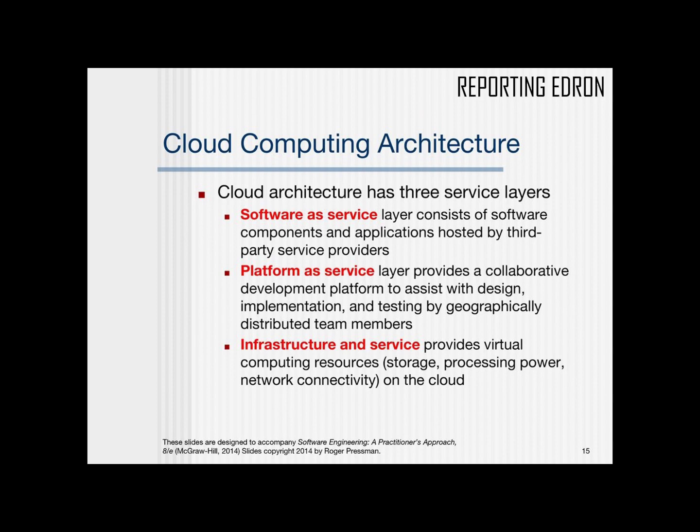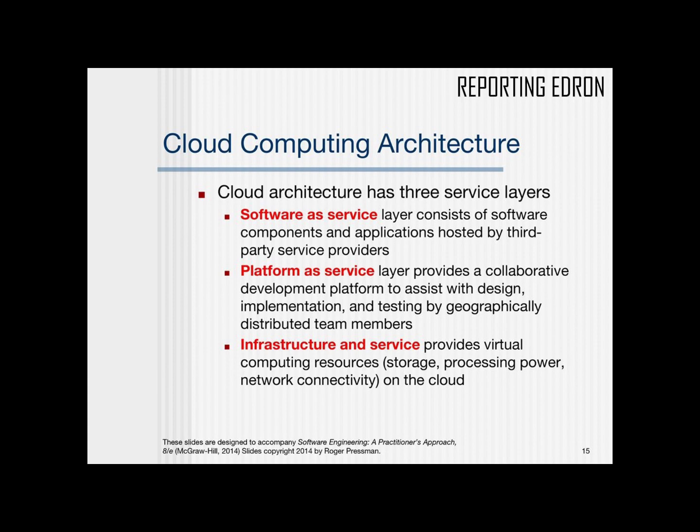Cloud architecture has three service layers. First, software as a service. This layer consists of software components or applications hosted by third-party service providers. It is a type of cloud computing service model where software applications are provided over the internet on a subscription basis.